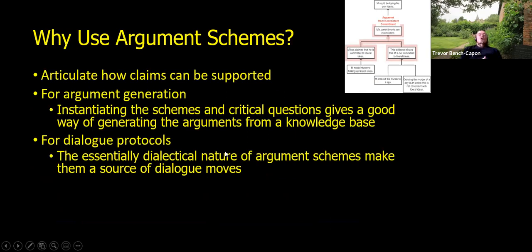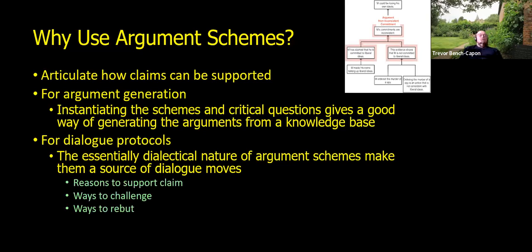They're useful for constructing dialogue processes. Essentially, they're dialectical. We put forward a scheme, we challenge the scheme with critical questions. And these provide a source of dialogue moves. They give reasons to support the claim, ways to challenge, and ways to reject.